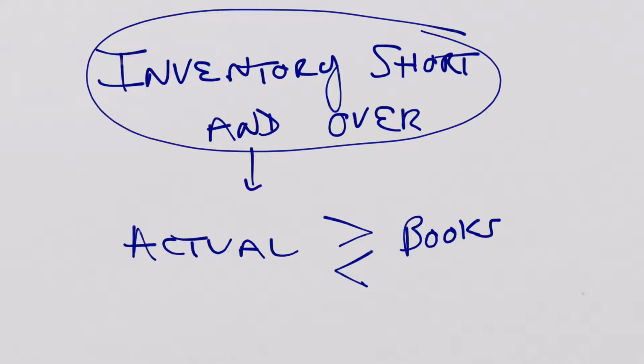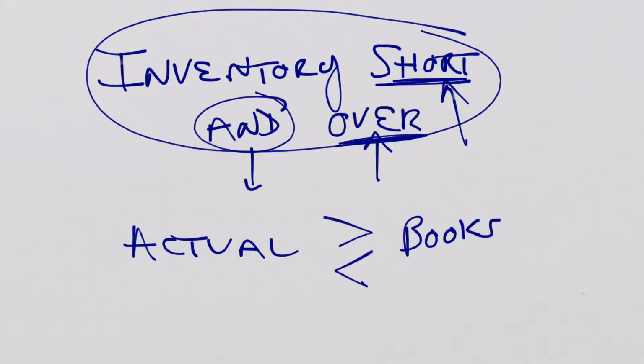It records when inventory is short from what the books say, or when it's over. So it's doing both duties. It captures when we count the inventory and find we don't have as much as the books say, or we count the inventory and we got more.